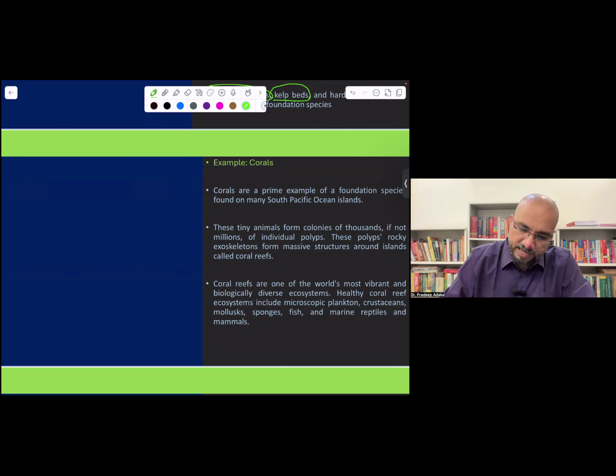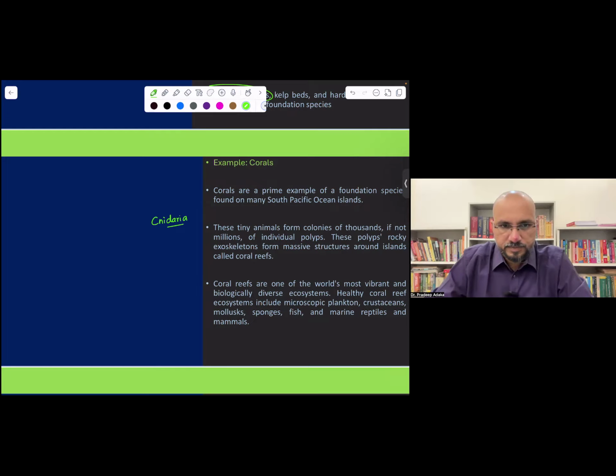Corals are a prime example of foundation species found in many South Pacific Ocean islands. These corals are basically anthozoans. They belong to phylum Cnidaria. These are very tiny animals.